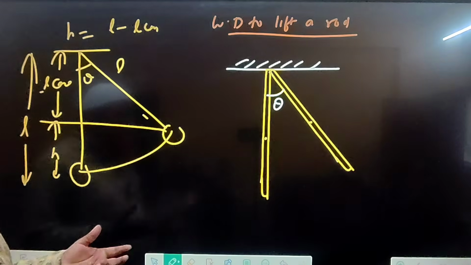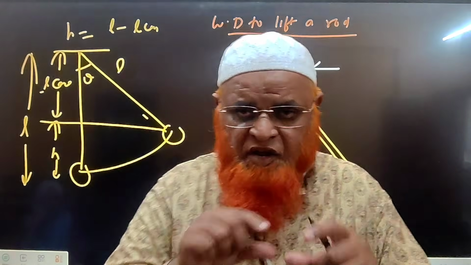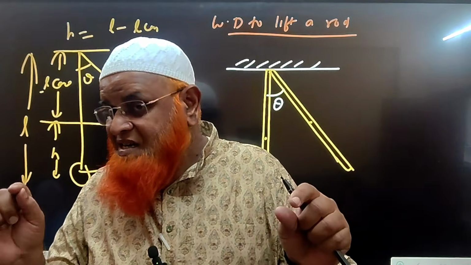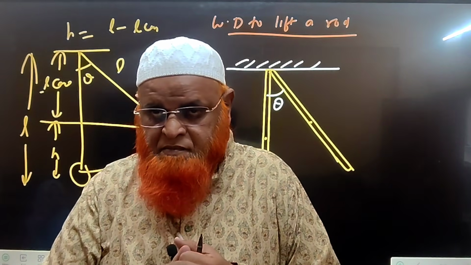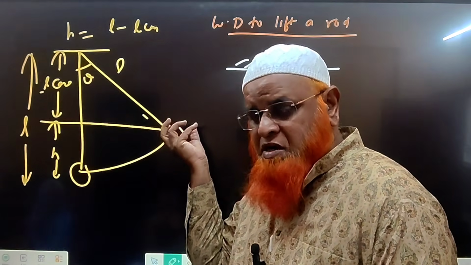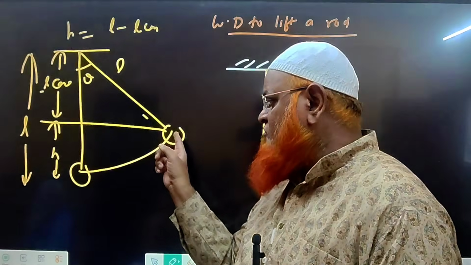But this is a different case. You have taken a rod. Rod means a uniformly distributed body. For that, you have to consider the center of mass. Here, all the mass is in the brass bob and the string is massless, so you consider the center of mass of the bob.